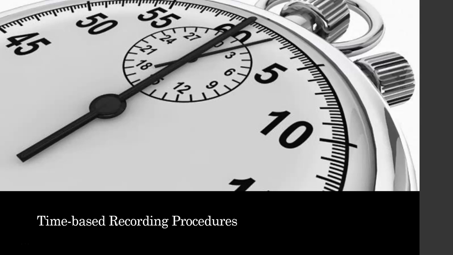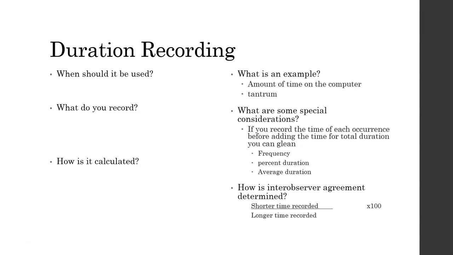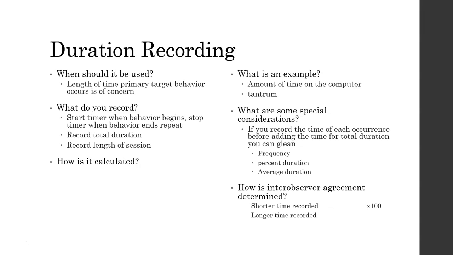Let's consider some time-based recording procedures. Duration recording should be used when the length of the behavior is the primary target of concern. So you start a timer when the behavior begins and stop it when the behavior ends. You record that total duration and then the length of the session. That way you can get a percent of the session the behavior occurred.